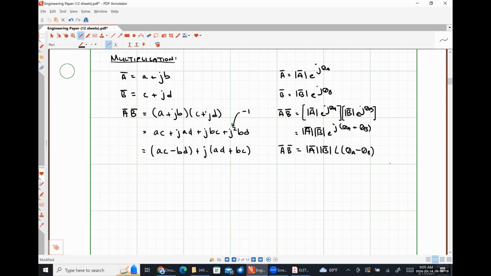All right, and now lastly, we have division, which, if I'm being honest, is an absolute pain in rectangular form, but we'll figure it out.